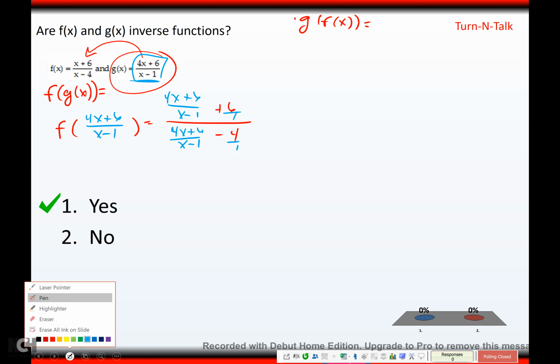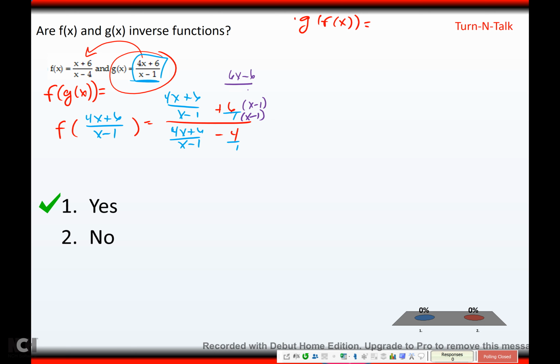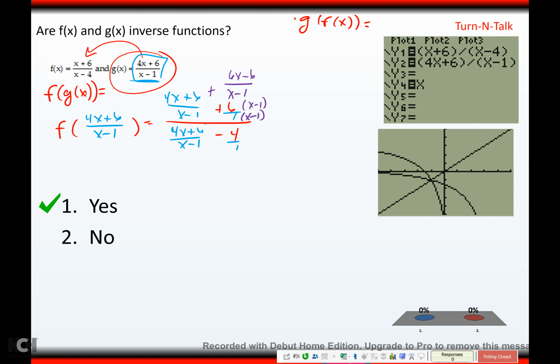Alright, to simplify this mess, before I can keep, change, flip, I have to do the adding and subtracting on top. So I need a common denominator of x minus 1. So this becomes 6x minus 6 over x minus 1. Yes? So that would give me 4x plus 6x would be 10x. 6 and negative 6 cancel over x minus 1.